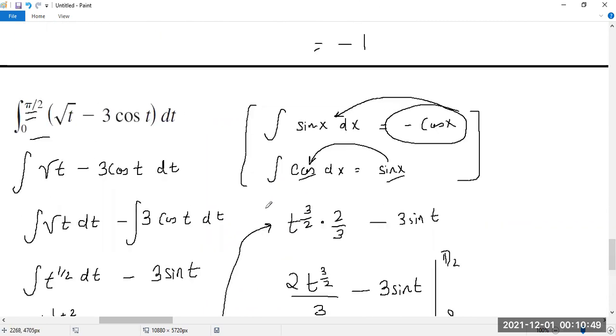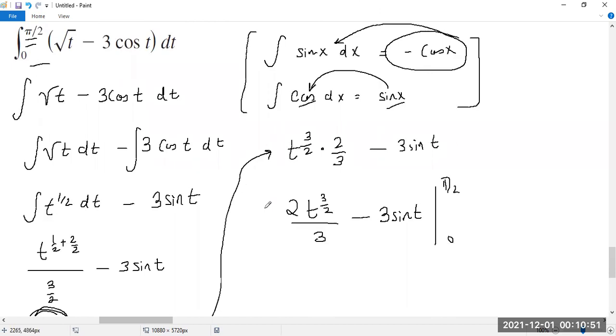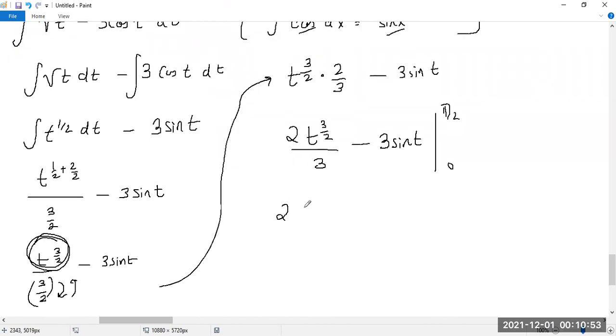And so if we plug in pi over 2, what do we get, right? It's 2 times pi over 2 to the 3 over 2, over 3, minus 3 sine of pi over 2.